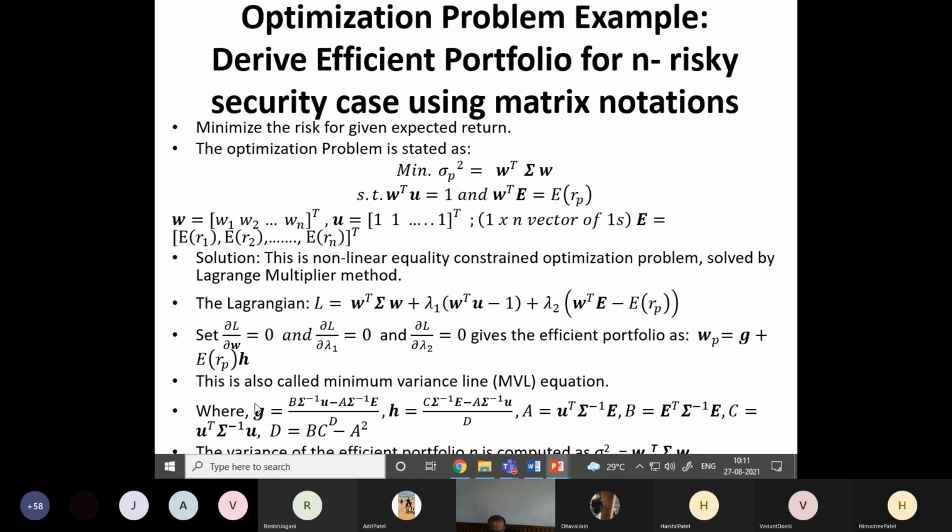So ultimately G and H depend on only three quantities, that is U, sigma and E. U is always a constant, sigma is specified, E is also specified and known. So if you calculate A, B, C, D, you know G and H.